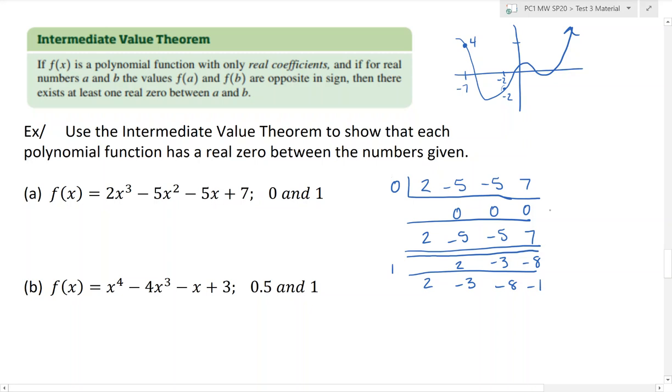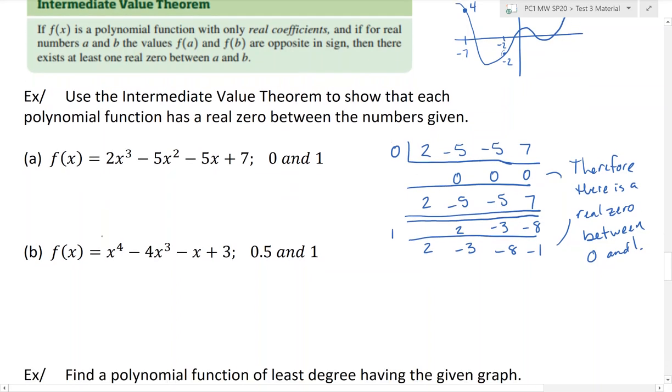Therefore, the change of sign here shows there is a real zero between 0 and 1. Okay, you can do the same thing with this next problem.